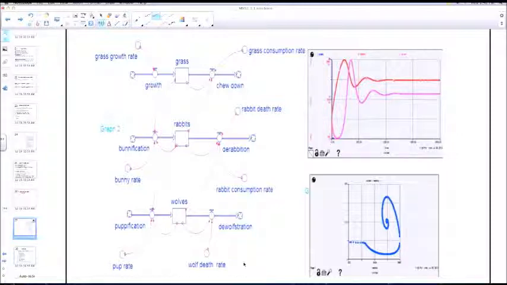We find a very different phenomenon. This time it's not going to have this oscillation of cycles. Instead, after a little while, and how long did I run? I ran this for probably 30 years. In the end, the population of the rabbits is here.